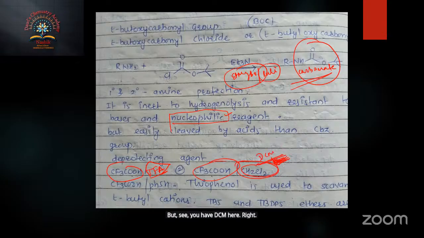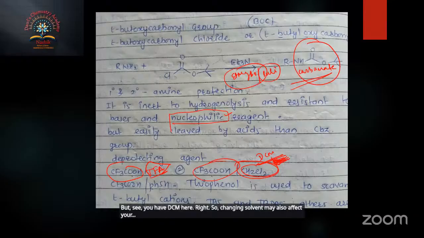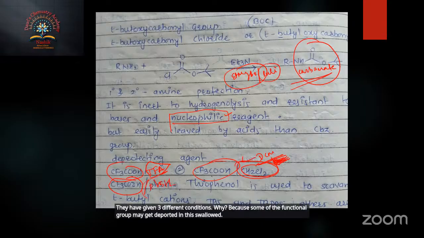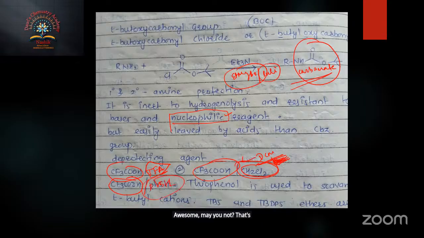So changing solvent may also affect your yield. That's why this is important. They have given three different conditions. Why? Because some of the functional groups may get deprotected in this solvent, some may not. That's why they have used different reaction conditions which have deprotected this Boc functional group.